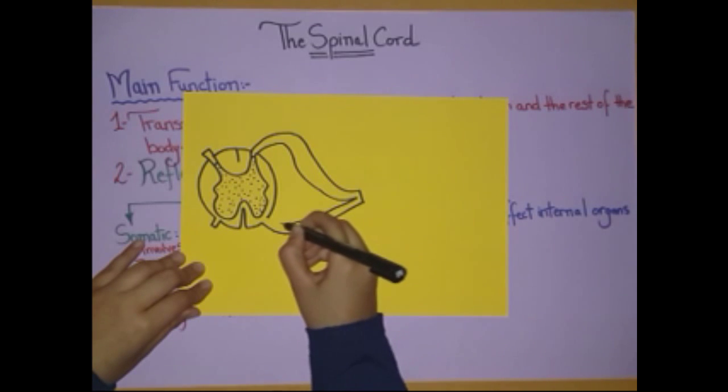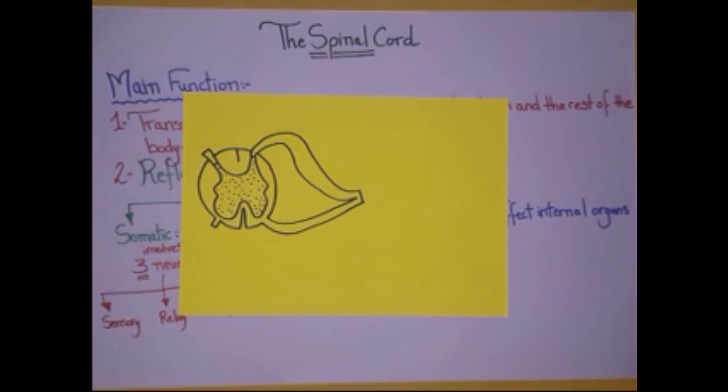So sensors in the skin, for example, skin receptors, pressure receptors, pain receptors. Pressure receptors involve Pacinian corpuscles. These receptors are the sensors that respond to the stimulus and generate an electrical impulse that will travel to the spinal cord.